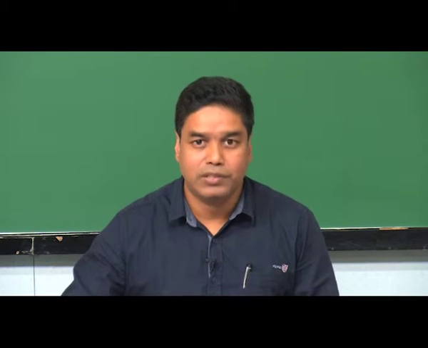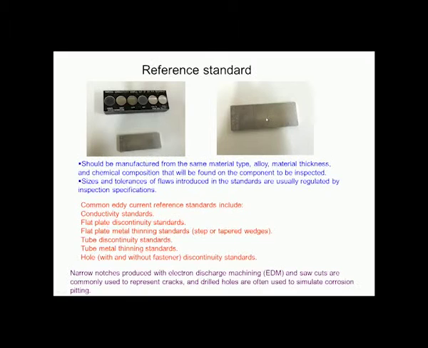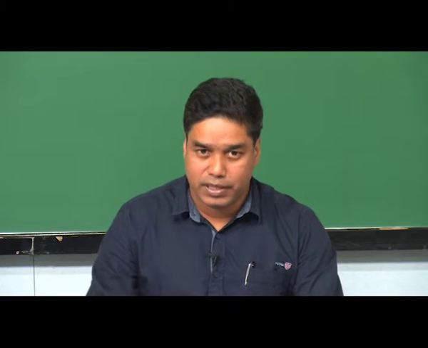Like for example, this one is made of an aluminum alloy. So, if I have an aluminum sample, I should choose this one. Similarly, if you have a steel sample, then the standard block that you select for calibrating the instrument should be made of steel. So, that is the first thing that one should remember while calibrating the instrument.